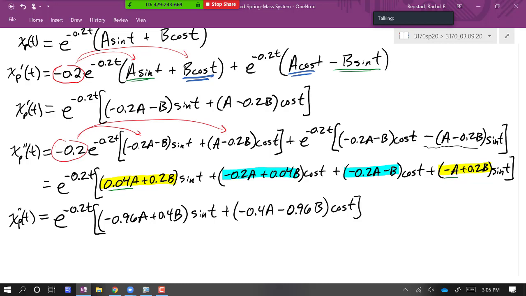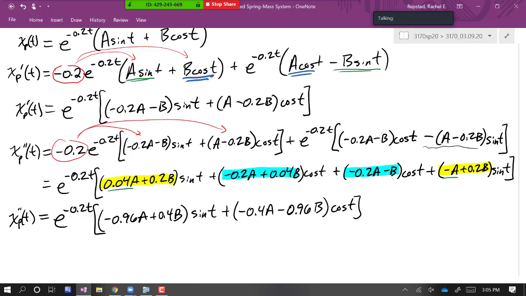So we started with the basic form for the x particular. Why did we find the derivatives? What does that help us do? Before we get to the general solution, there's an intermediate step. What are we going to do with these derivatives that we found?